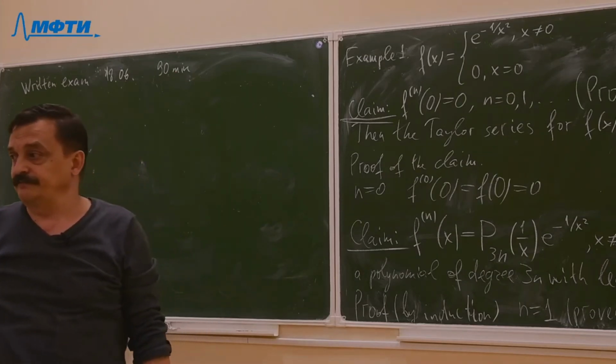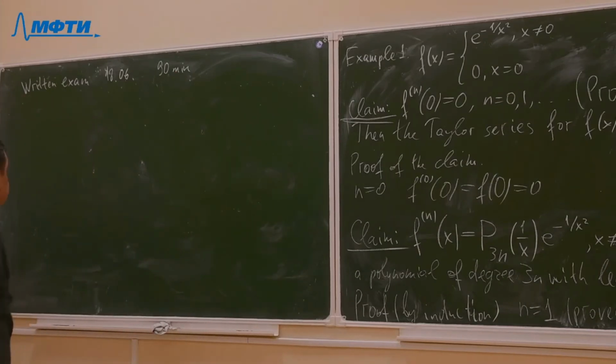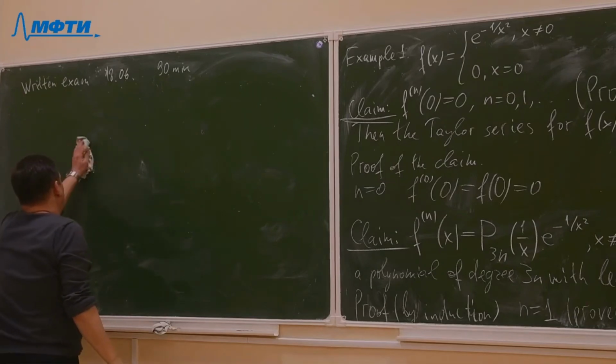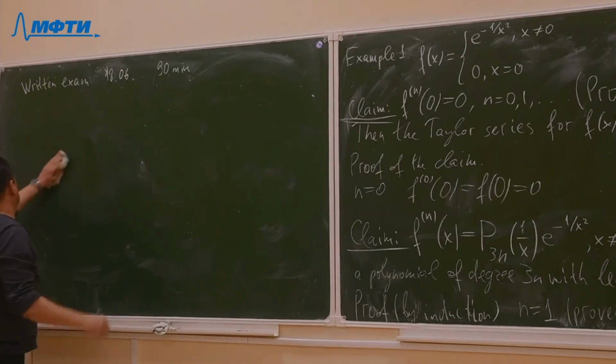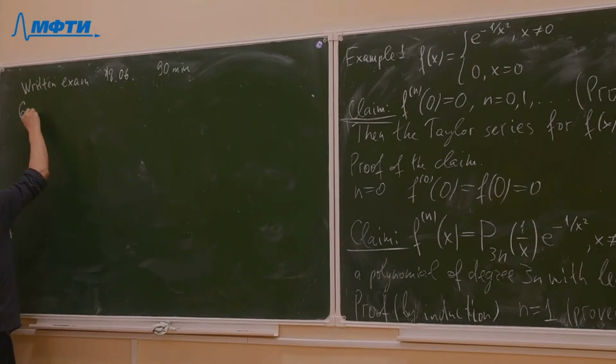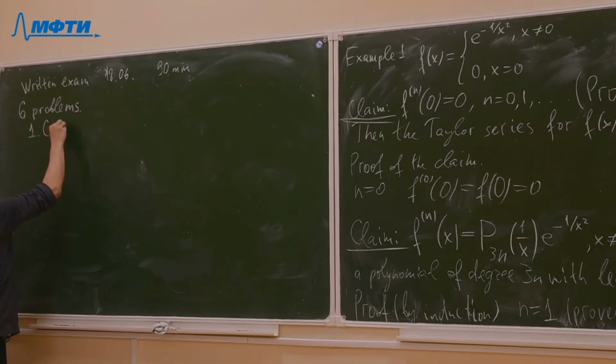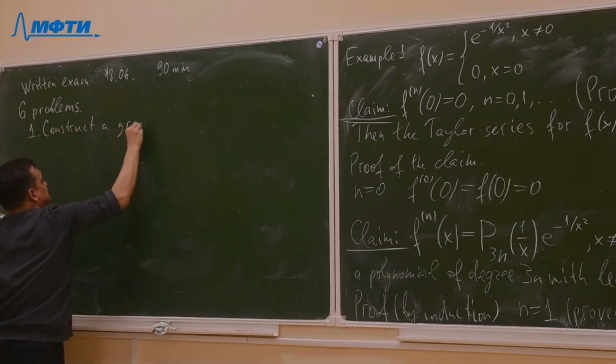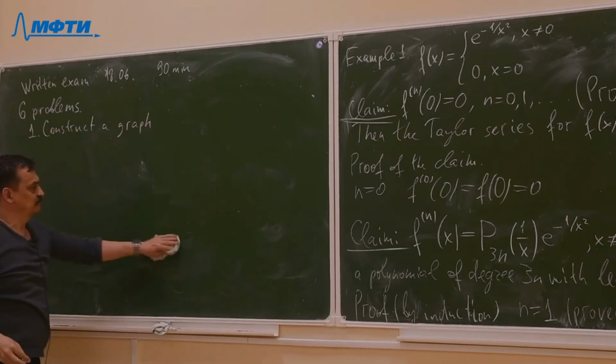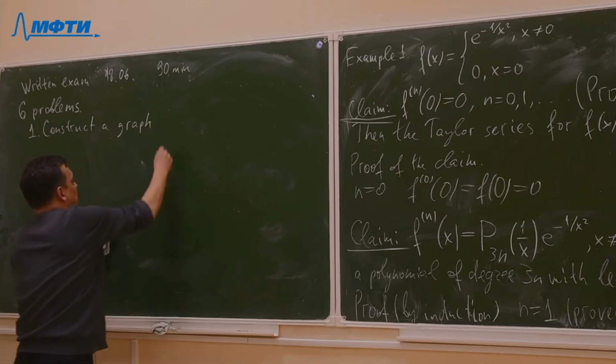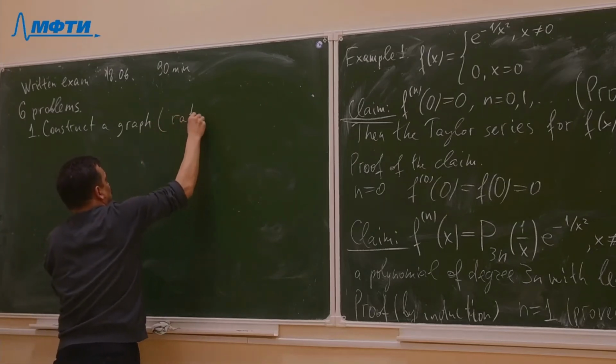It will be distant. And you have 6 questions, 6 problems. First one, construct a graph. In fact, only a rational function is considered here.